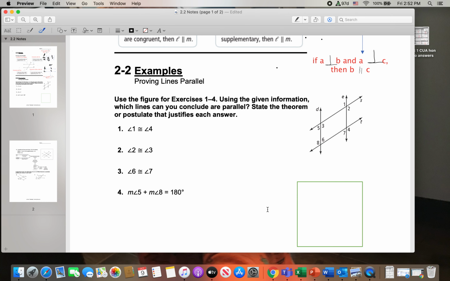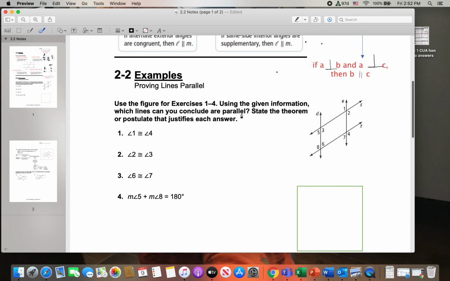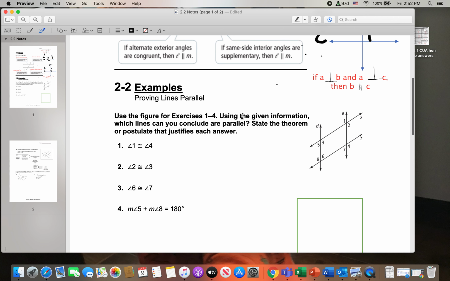Now let's look at how this works. Use these examples and decide which of these converses or the other it is. We want 1 and 4. Here's 1, here's 4. So completely ignore 5, 3, 8, and 6. And decide, are 1 and 4 on the same side or alternate sides of the transversal E? Well, one's on the left, one's on the right.